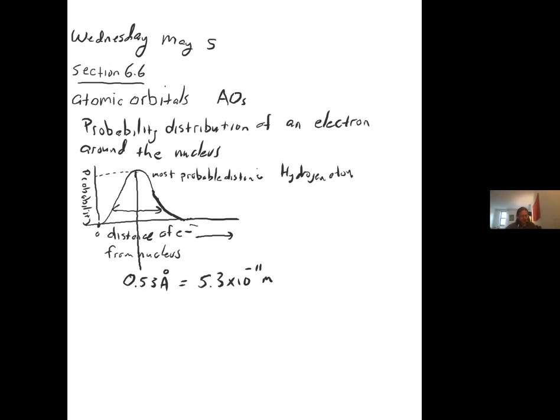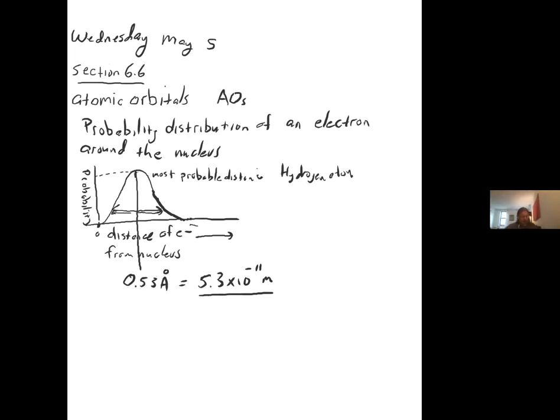So pretty small, right? That's the most probable distance. And the electron can be further away. It can be closer, but it's not likely to be 0, and it's not likely to be very, very large. Okay. So that's our idea of a probability distribution.